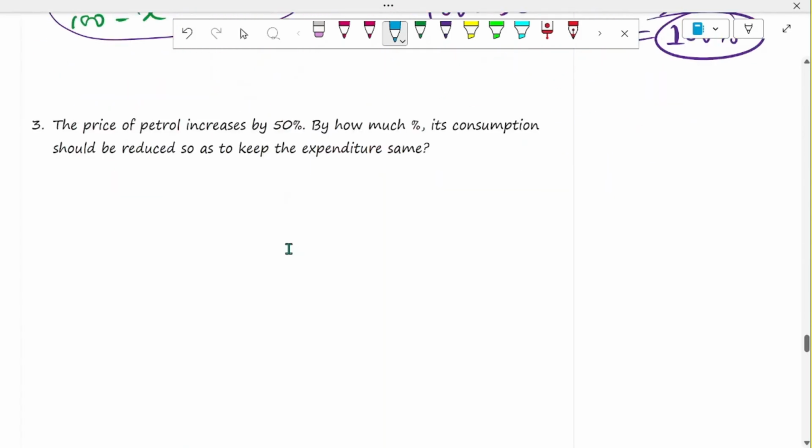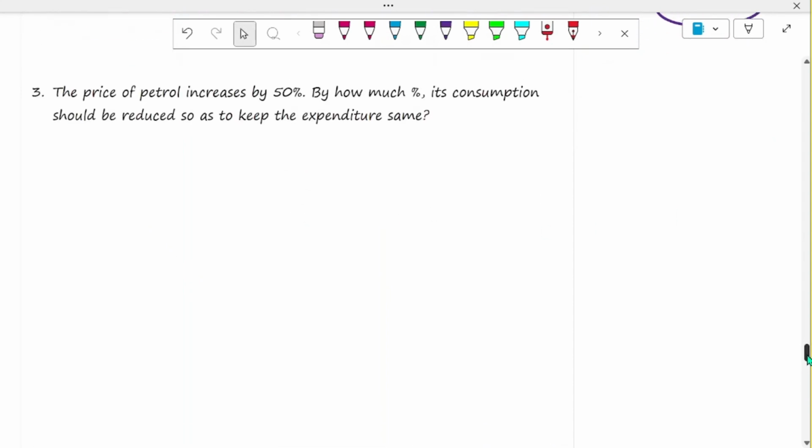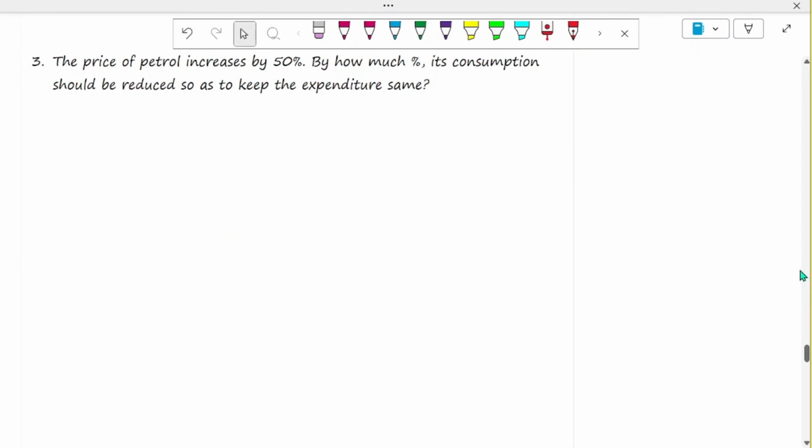Now we will come to the third question. See, this is a bit tricky question. I'll explain to you with a real life scenario, okay? So that you will be able to imagine if you get a question something like this. Fine. Now you just try to read the question once. Later I'll explain how you can solve this question.